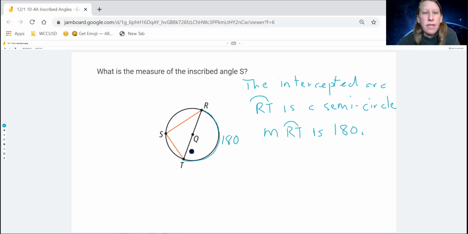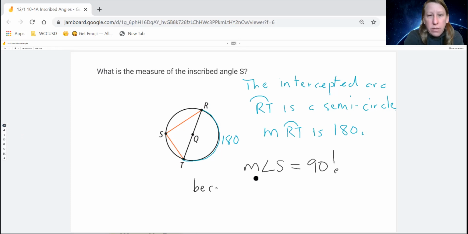I learned that the inscribed angle is half the intercepted arc. So if I wanted to know the measure of angle S, I know it is 90 degrees. And why? Because it is half the intercepted arc.